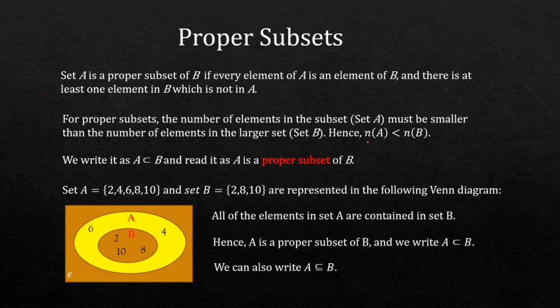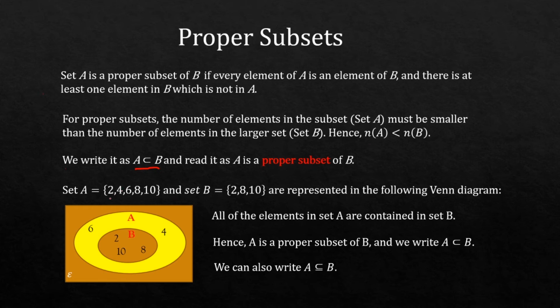So in this case, the cardinal number of A must be less than the cardinal number of B. We write this as A is a proper subset of B. Notice there's no equal sign here. And we read that as A is a proper subset of B.